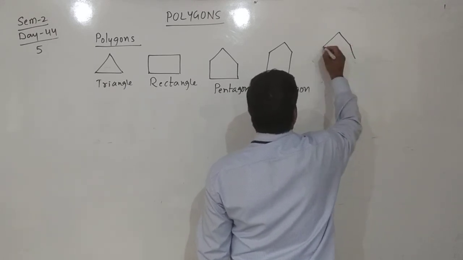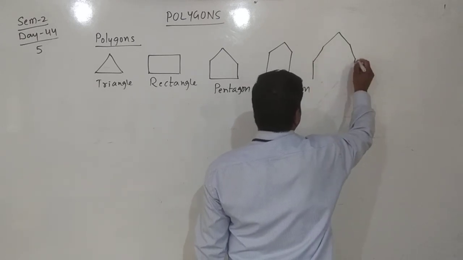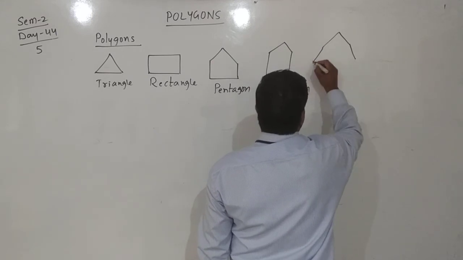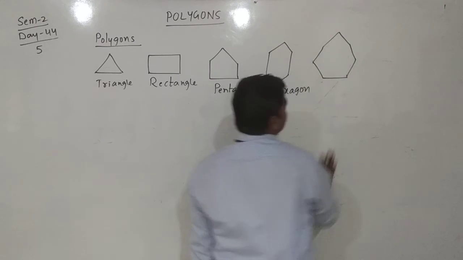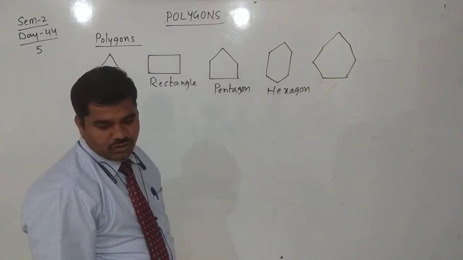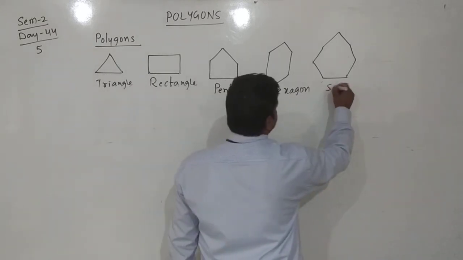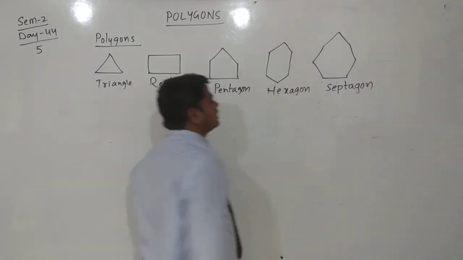One, two, three, 4, 5, 6, 7. Like this we can draw. Yes. Septagon. 7 sides. Next is 8 sides.